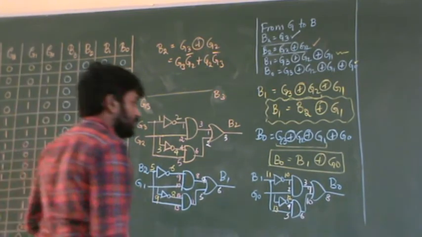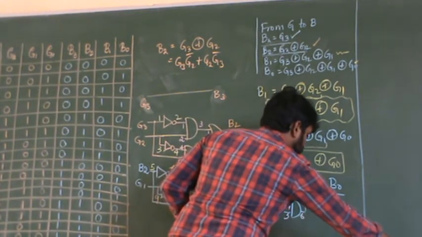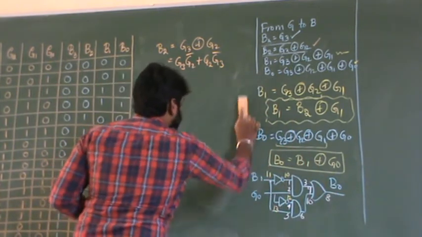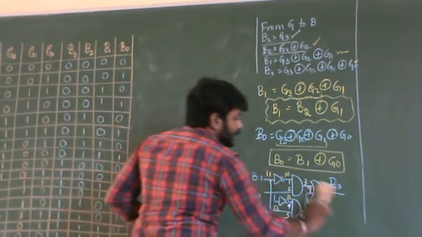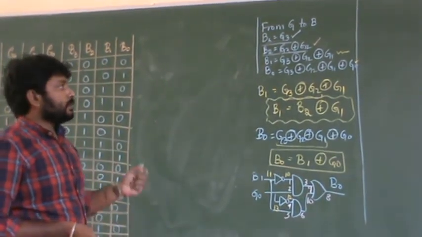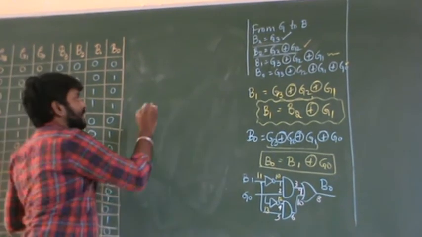Fine. Now in the exam, that is in the Viva, they may ask you to write down the binary equivalent of a gray number 5.